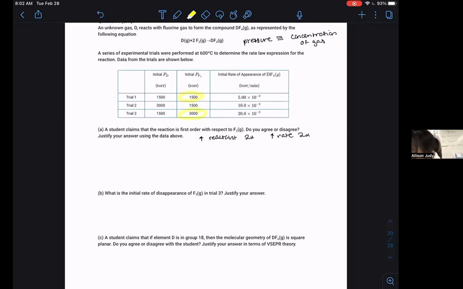And what we see between trial 1 and trial 3 for analyzing F2 impact on rate of reaction is that the rate quadruples, but the concentration or the pressure doubles for F2.